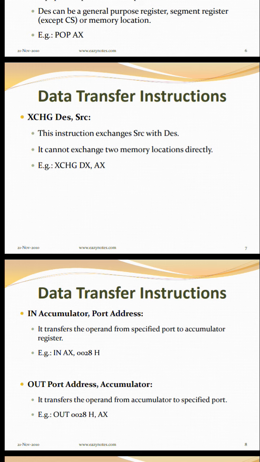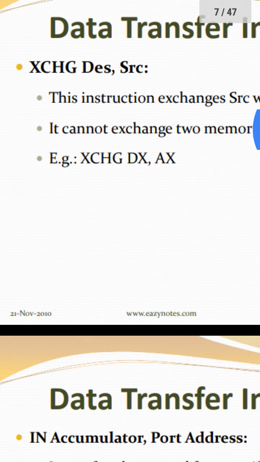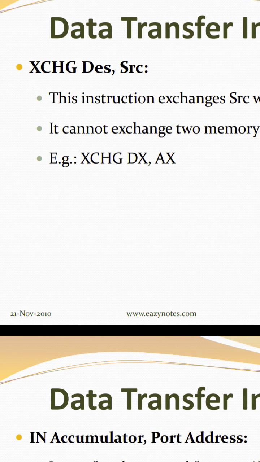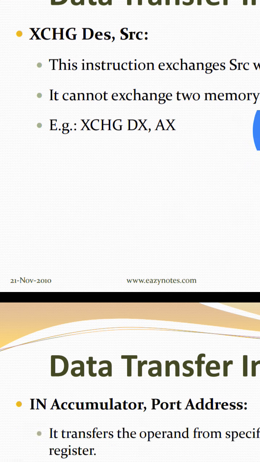XCHG means exchange the data between destination and source. Source data will be moved to destination and destination data will be moved to source. XCHG DX comma AX is the example. It means the data of AX is copied to DX, and the data of DX is saved to AX, exchanged.